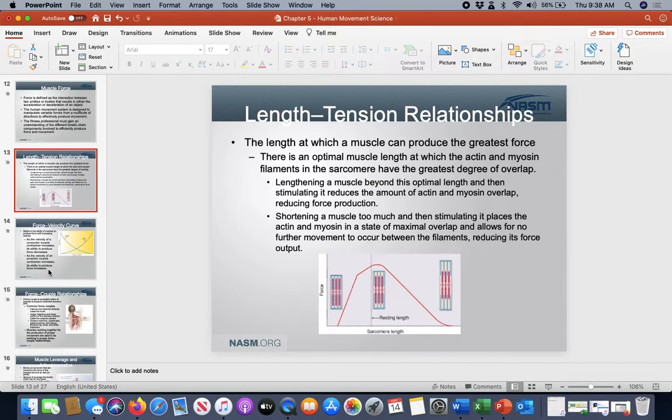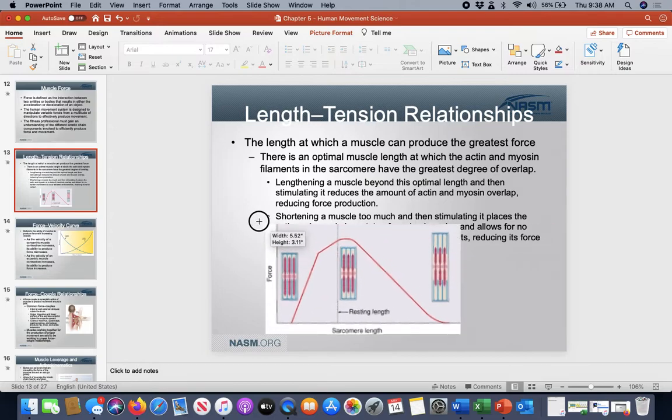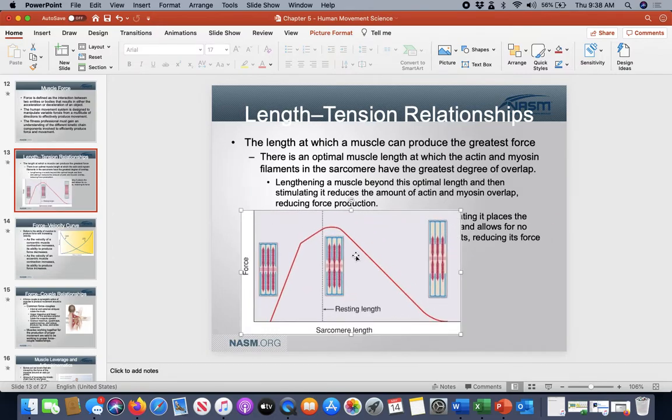Too much lengthening, too little lengthening, and you end up with bad movement. You don't end up with a very forceful movement. Now, there is a desired length tension relationship, and everybody is different with that. But if you look at this picture here, what we're saying is that with now these terms here, actin and myosin.